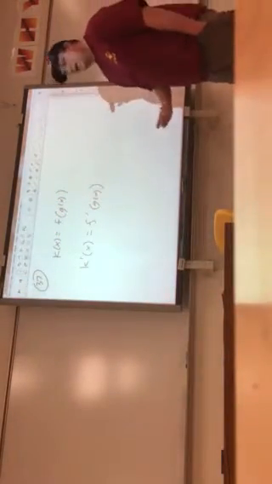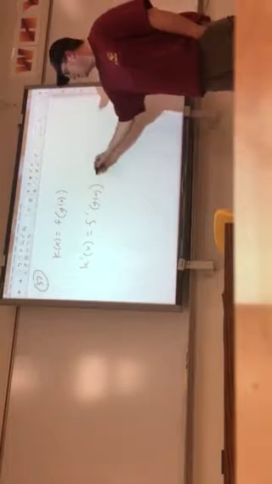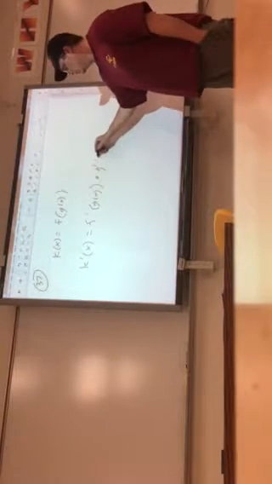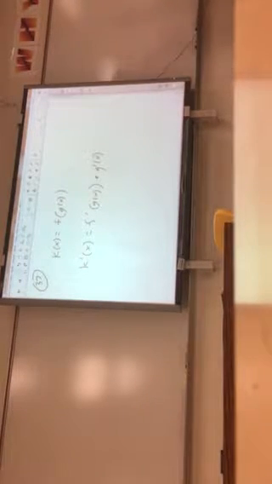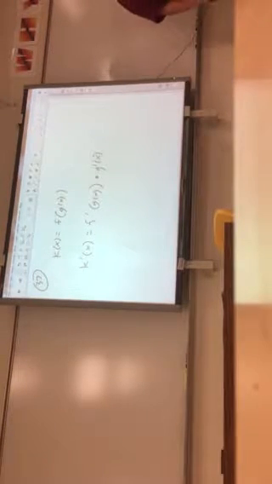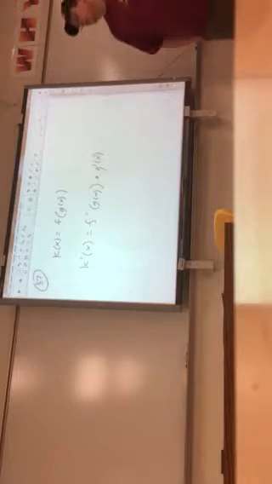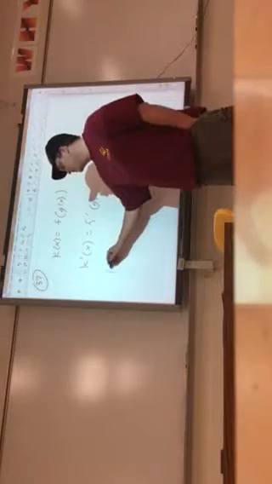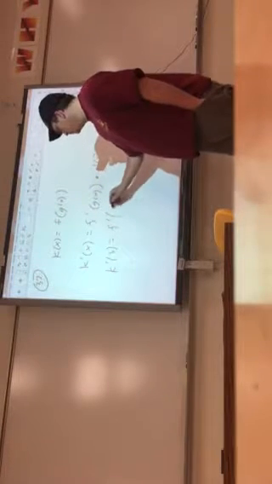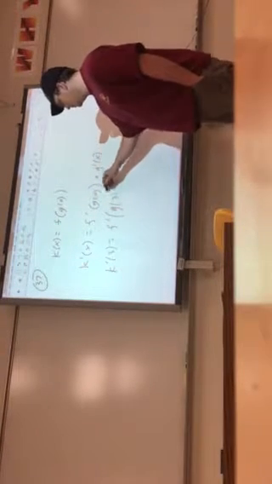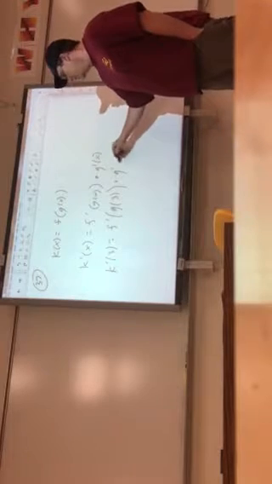But now that I've done that, I have to account for the thing on the inside. This is called chain rule. Do you see how the derivative of f of g of x is f prime g of x times g prime x? So the question says, what's k prime of 3? So that's going to be f prime of g of 3 times g prime of 3.